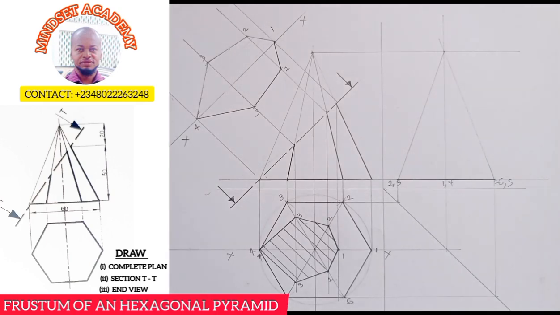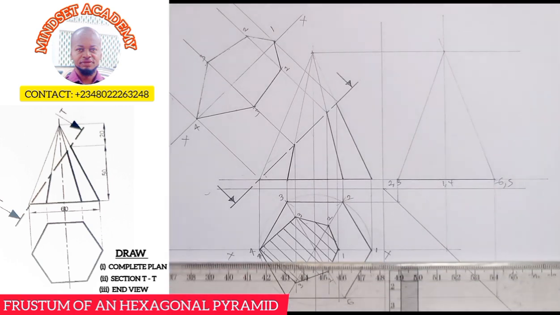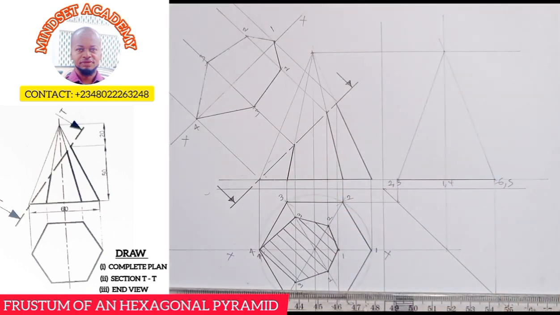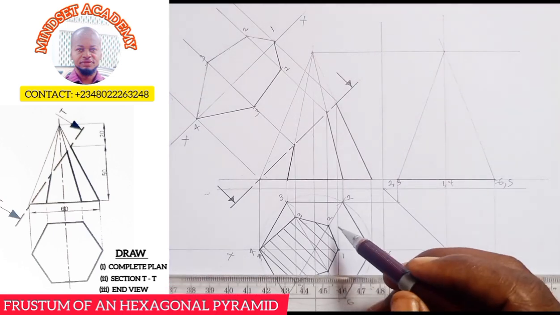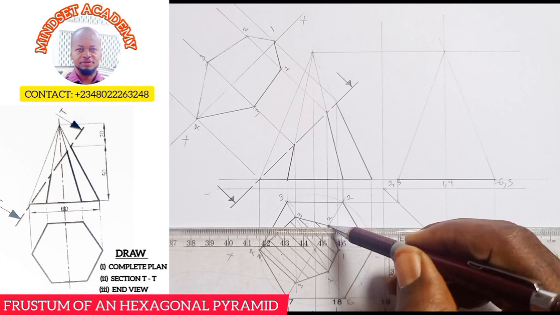Now the next thing that we're going to do here is it is sectioned. So what I want to do, I'm only focusing on this side now. Now the first one is if I should pick this point, point 2, this is point 2.